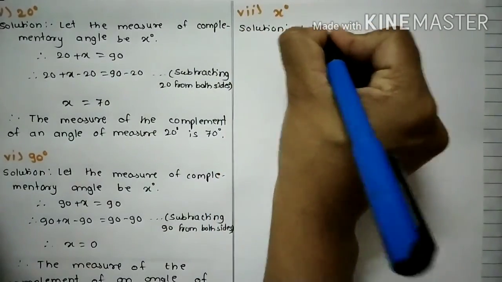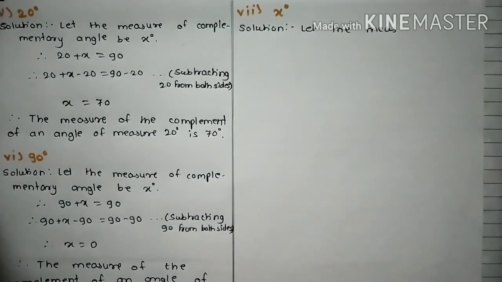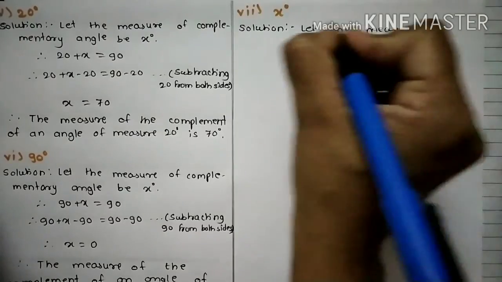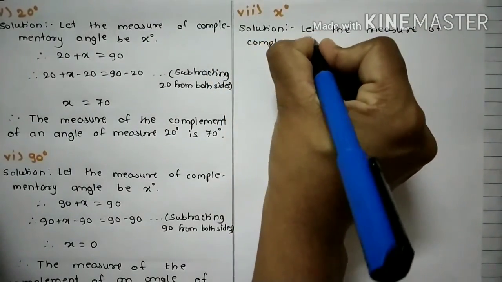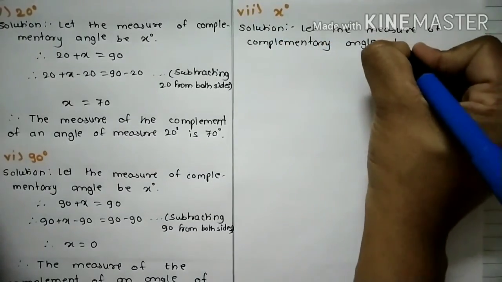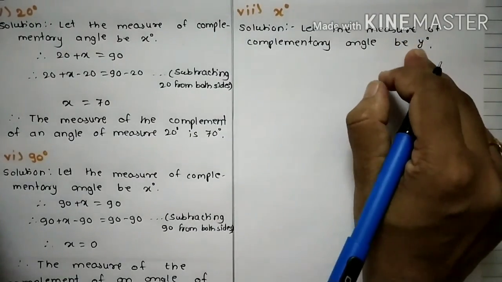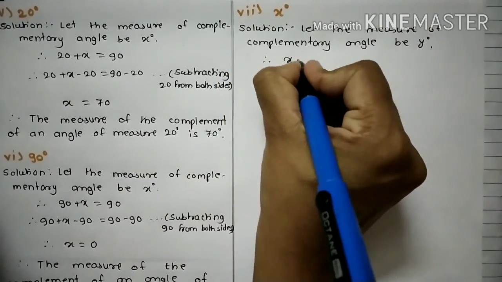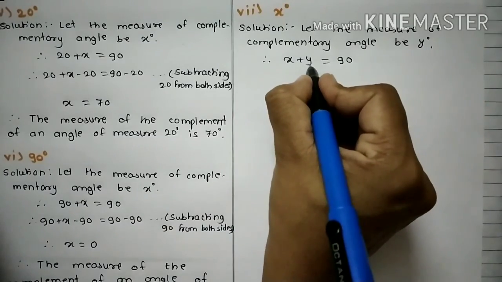Let the measure of the complementary angle be y degrees. Here we suppose another letter. Okay, therefore x plus y equal to 90. We have to find the value of y.